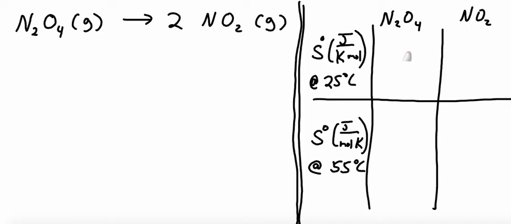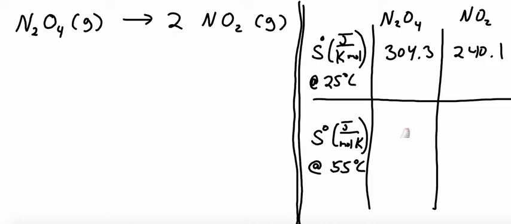And we see that for dinitrogen tetroxide, its entropy is 304.3 joules per mole per Kelvin, and for nitrogen dioxide, it's 240.1. Okay. So I used a calculation that is sort of beyond the scope of general chemistry. You can ask me about it if you're interested, to calculate what the entropies would be at a higher temperature.